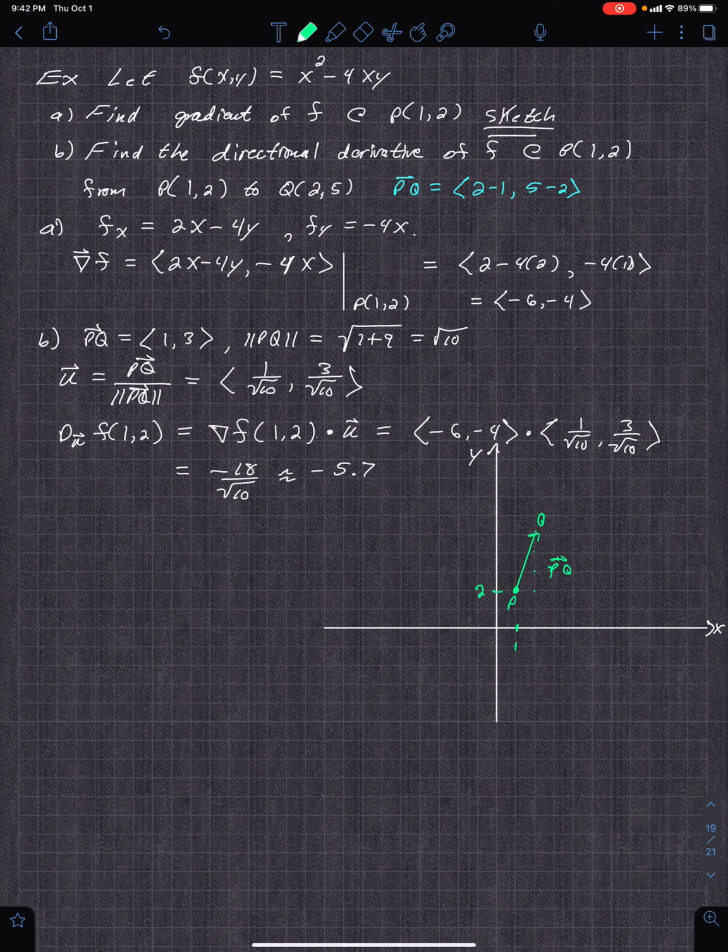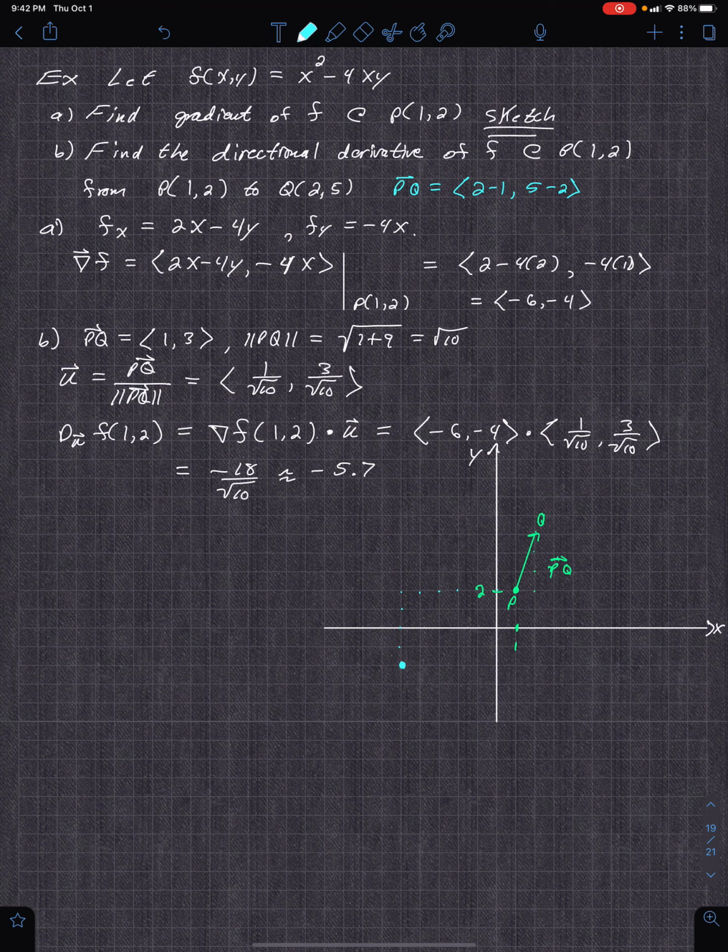And then your gradient vector is pointing much the other direction. So if you start here and then you count negative 1, 2, 3, 4, 5, 6, and then down 1, 2, 3, 4. So it should be that point right there. I'll count it again: 1, 2, 3, 4, 5, 6, 1, 2, 3, 4.